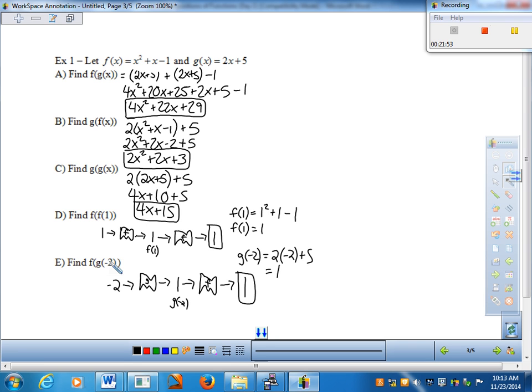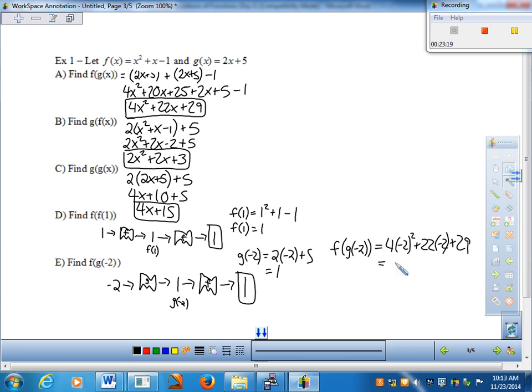So here's what I'm going to do just off to the side, just to see that we get that same answer. So I've got F composed of G of -2, and I'm going to use this right here. So 4 times -2 squared plus 22 times -2, and what do you say we add the 29? I'm going to grab my graphing calculator for this and just see it unfold.